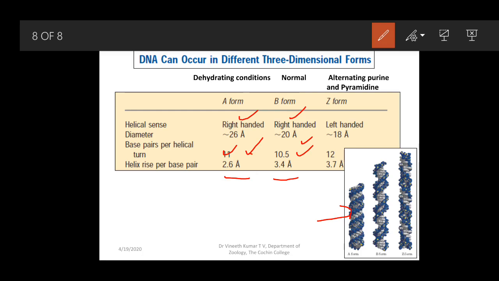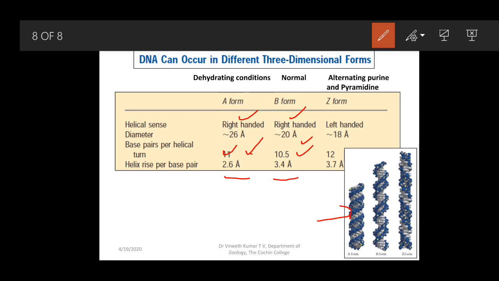Coming to the Z form DNA, it is seen in some special types of DNA, which is either artificially synthesized, or also reported in natural DNA. In natural DNA, it is said that these structures have a regulatory function.